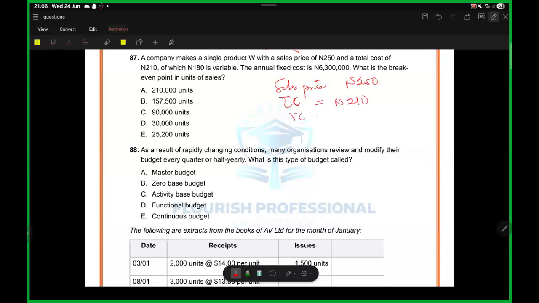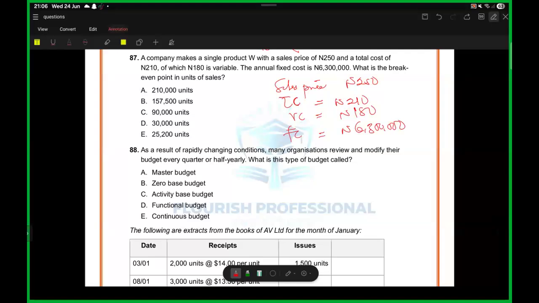Variable cost is given as 180. The fixed cost is 6,300,000. What is the break-even point in units of sales? Break-even point in units of sales is very, very simple.